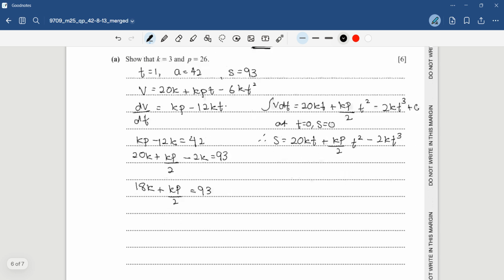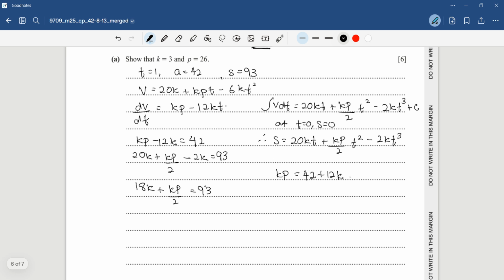So from equation number 1, I can say kp is equal to 42 plus 12k.